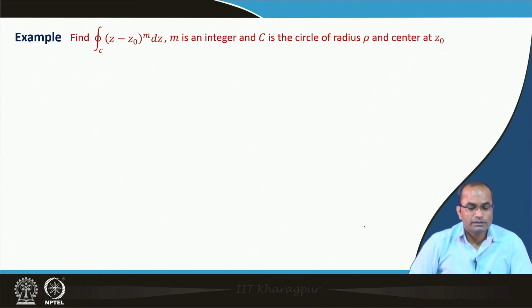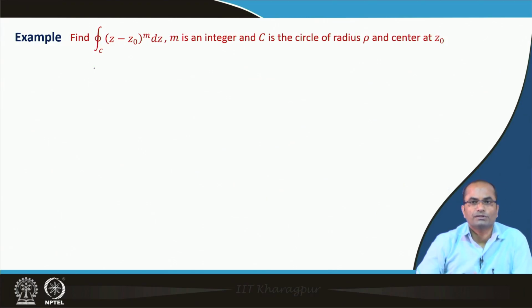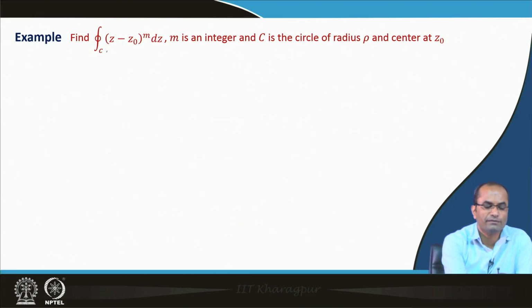Well, this is one example which we will discuss here for the evaluation. This is an important example whose value we will use later on, and we will not evaluate it every time. This is a standard example.